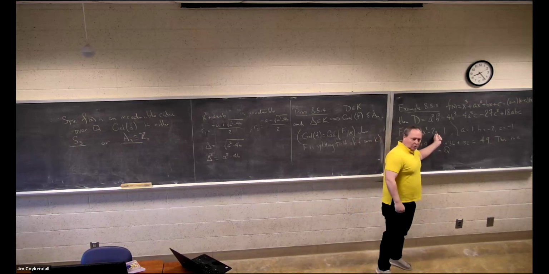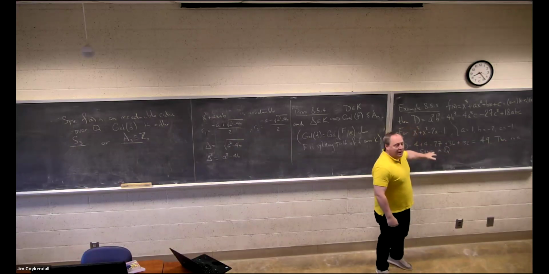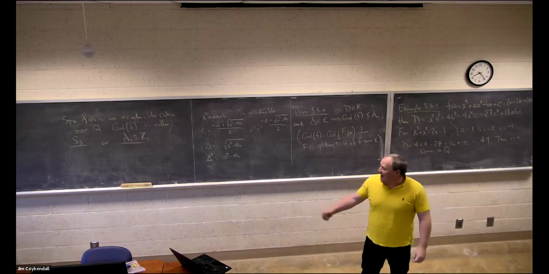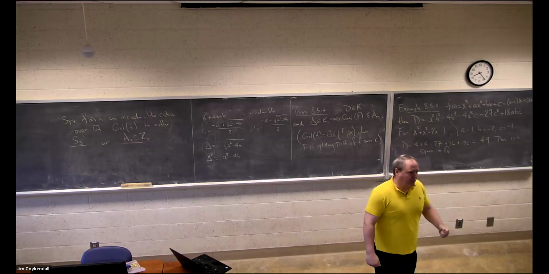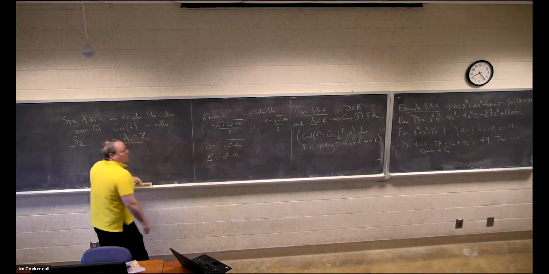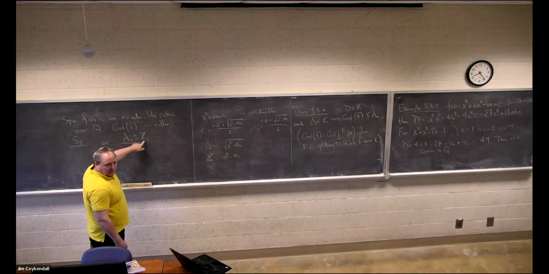Now, for this particular one, it turned out that the square, or the discriminant, was actually a square in the field, which means that in this case, the Galois group has to be a subgroup of this. And of course, this is the only one that's a subgroup of this.